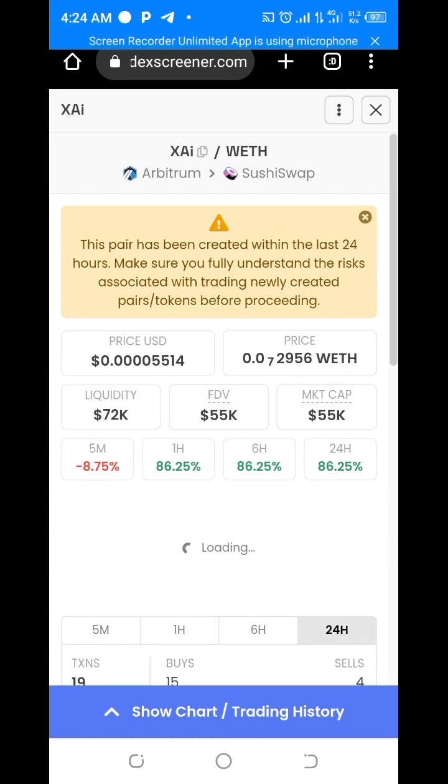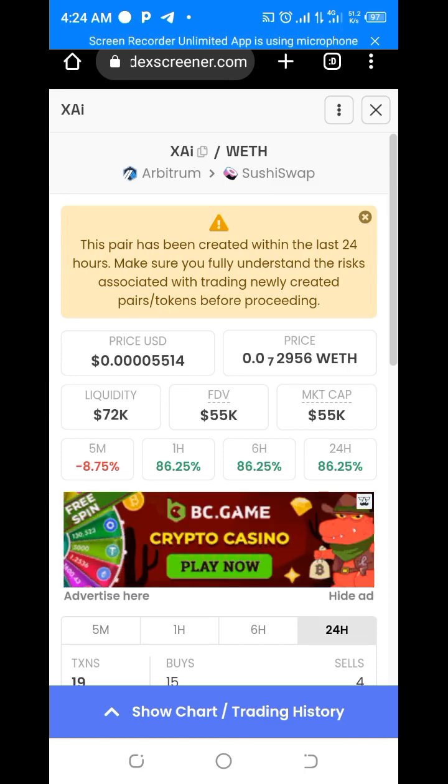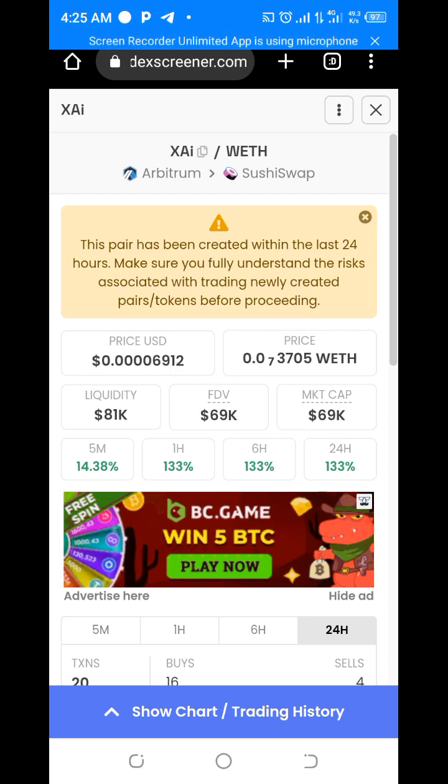Zai. At first, there are things to look at. Look at the name of the token. How does the name sound? The name can go a long way to tell if this token is real or not. When you see names like GMS, EMS, and AGC, you're able to tell that the token actually looks real. Understand?